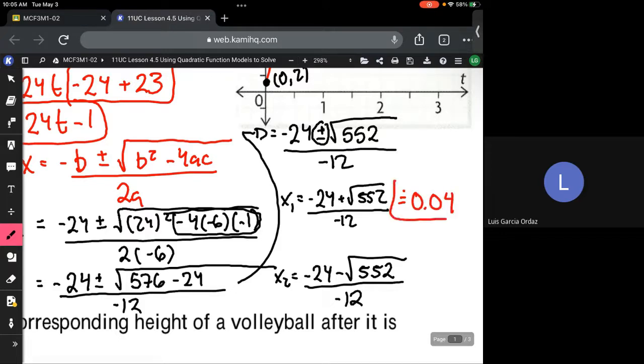And who can tell me what the other one is going to be? Yeah, negative 0.04. Everyone else got 3.9?